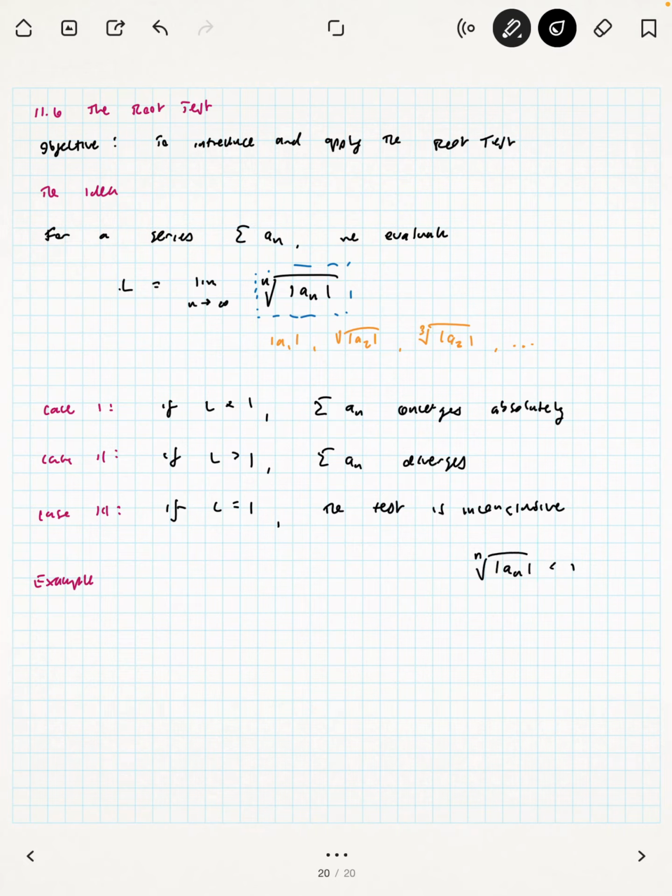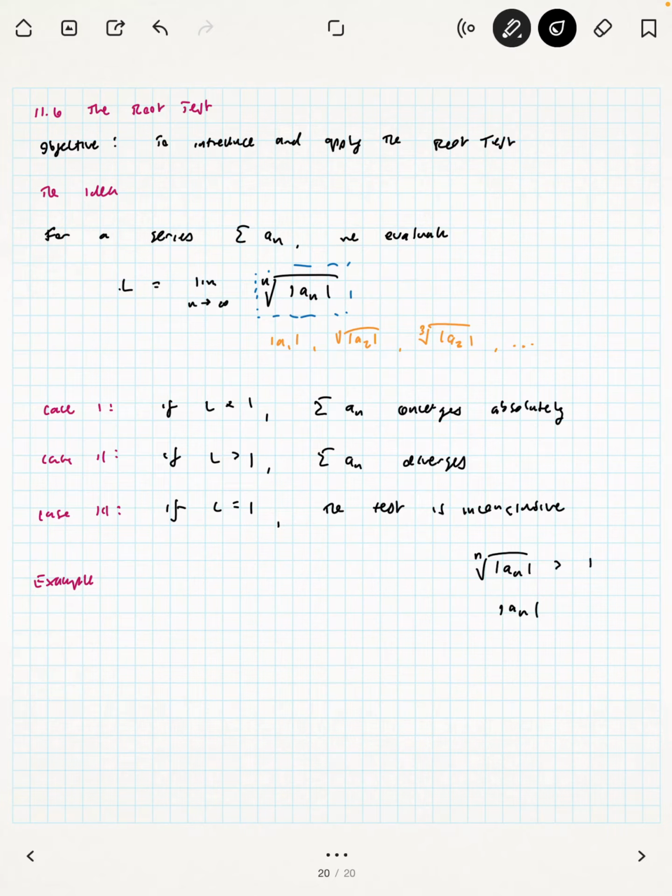And okay, I'll just briefly justify it, right? So in case 1, it'll look like the nth root of a sub n is less than 1. Or actually, we'll call it less than r. And so a sub n, if you rearrange this inequality, the absolute value of that is going to be less than some r to the n. Compare it to a nice convergent geometric series, and so on.